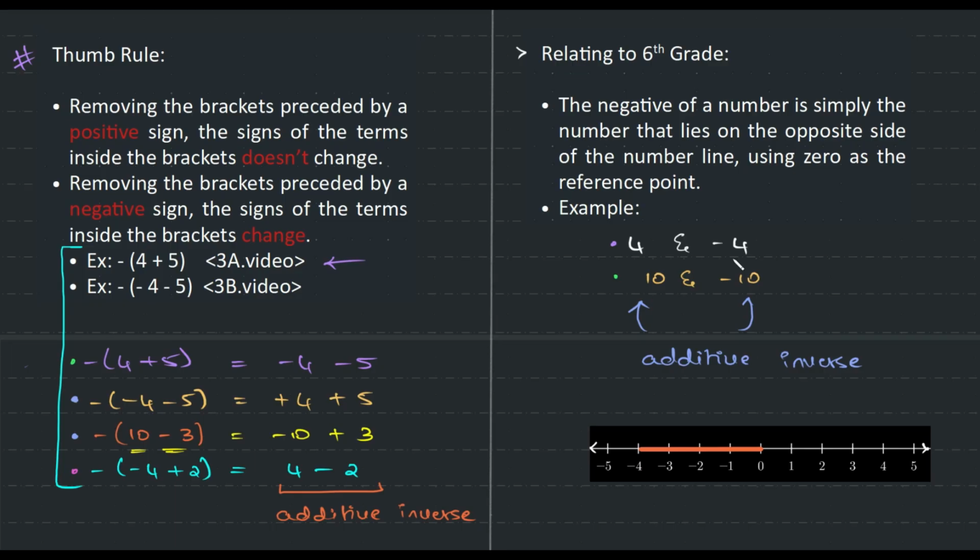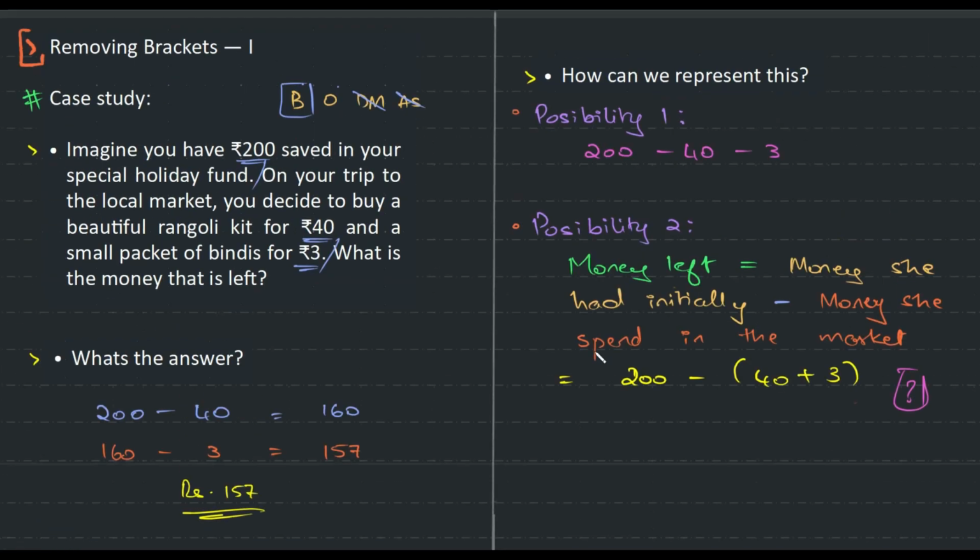I will not have those 4 apples I had initially. That's why they are called additive inverse. It comes from there. So to solve this, what is the additive inverse of 40? It's -40. What is the additive inverse of 3 plus 3? It's -3. And we got the same expression as possibility 1.